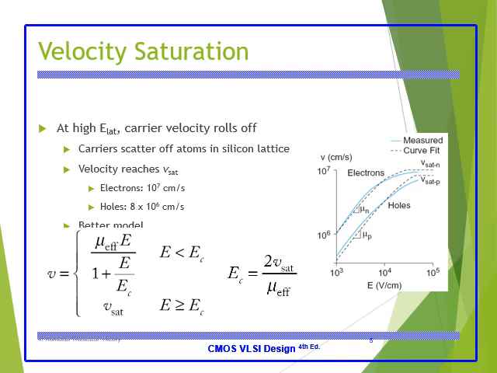Then Vsat, the saturation velocity, is reached when the electric field is greater than or equal to the critical field EC. Then EC is 2 Vsat divided by mu effective.